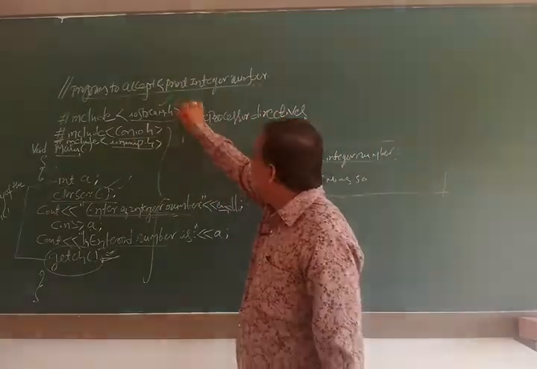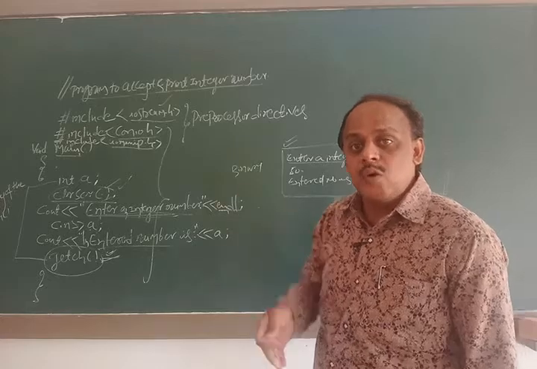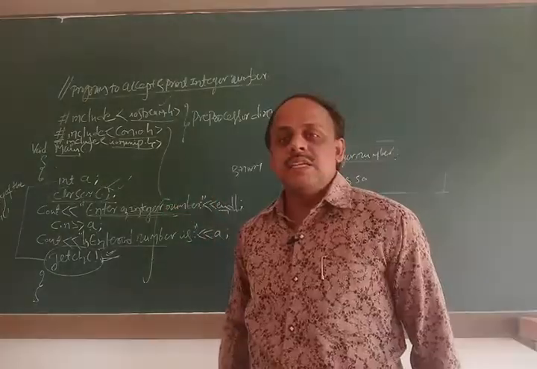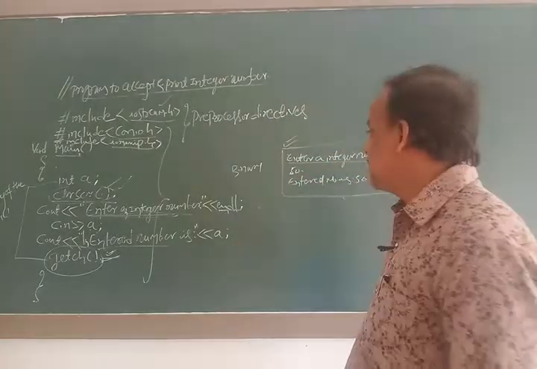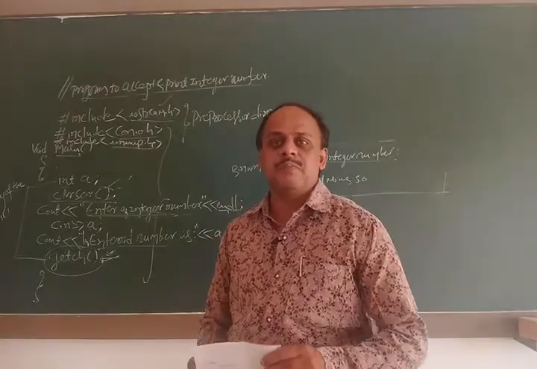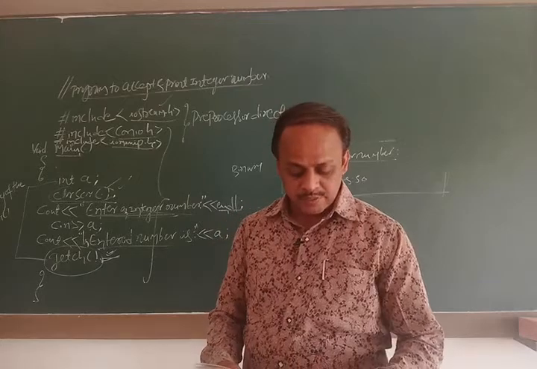So these header files are going to link related code to our program, which is stored in the C++ library, right? So this is another example of a simple C++ program.